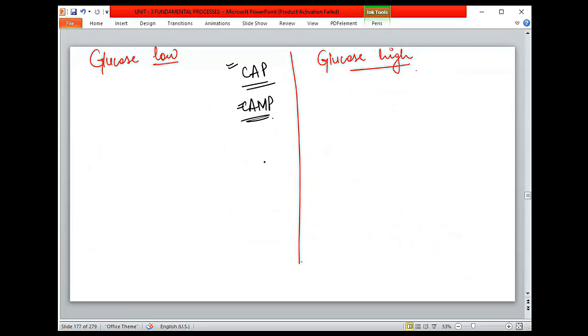How? Remember one more thing, that glucose is inversely proportional to cAMP. That means when glucose is more, cAMP would be less. When glucose is less, cAMP would be more. Now, for efficient working of your lactose operon, CAP also needs to help in the process.